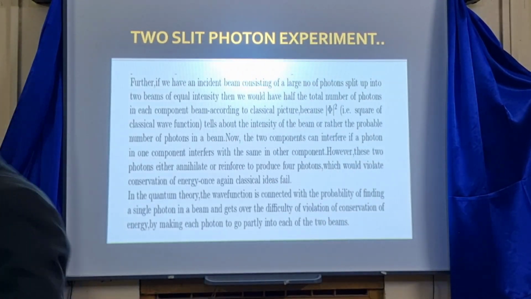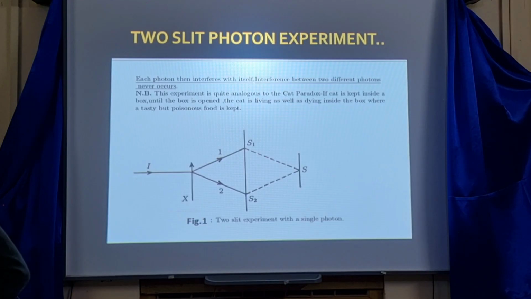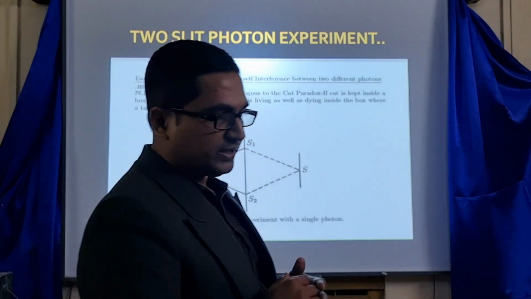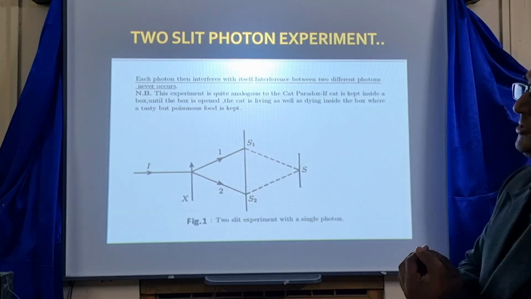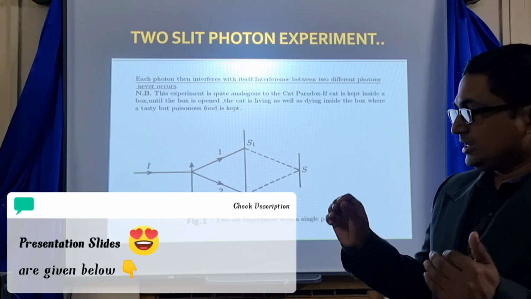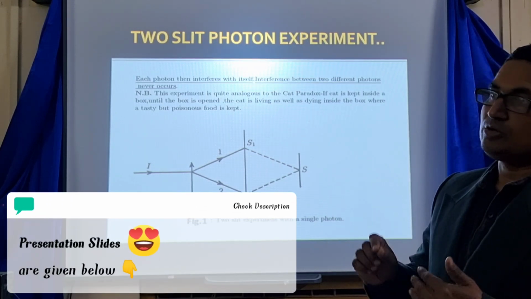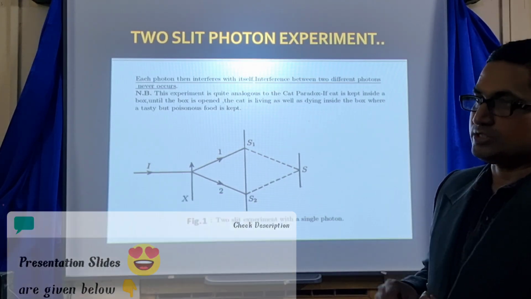So a single photon can go through both in terms of quantum mechanics, but in classical mechanics we cannot say that a single photon can go through two slits.